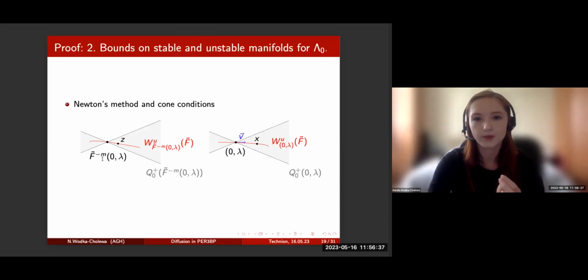It's a stable fiber. It's not the whole manifold, but it's one of the fibers, because you take only one point and it's connected to the point, right? So it's WU in this point for this map. So something like this. Okay.